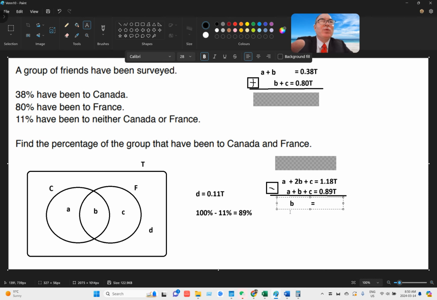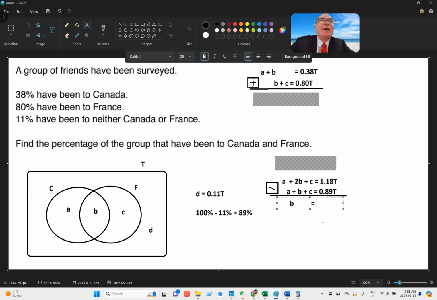And I've got 1.18 take away 0.89. Now don't rush for your calculator just yet. Here's a little trick. I'm going to pretend for a moment that 0.89 is really 0.9, because I think I can do that in my head. 1.18 take away 0.9 is just going to be 0.28.